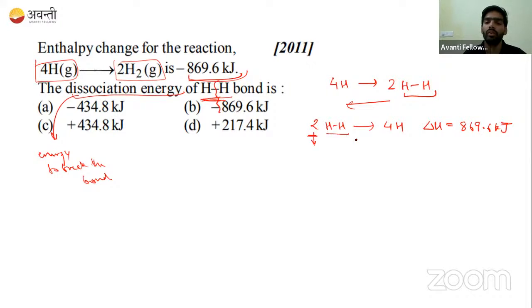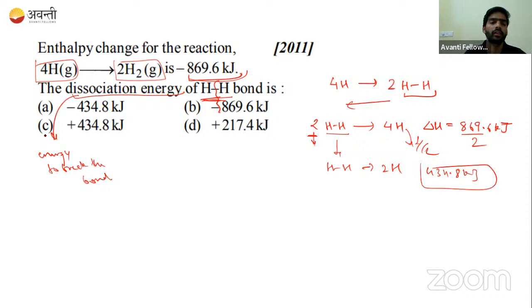So we divide by 2, which gives 2H, and the enthalpy is also divided by 2. It becomes 434.8 kilojoule. So our correct option is option C.